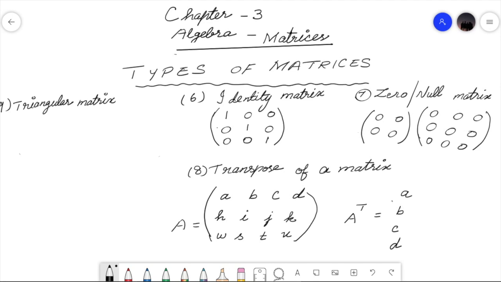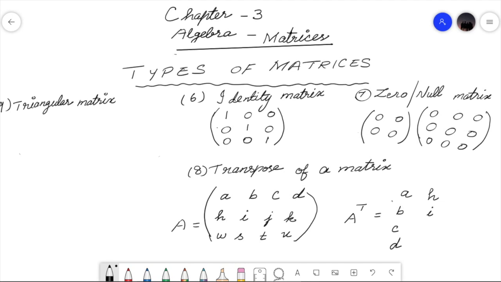And what is your second row? H, I, J, K. This H, I, J, K will be your column now. That row will become a column.